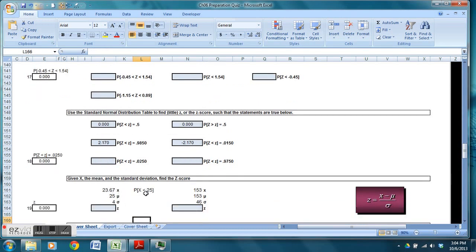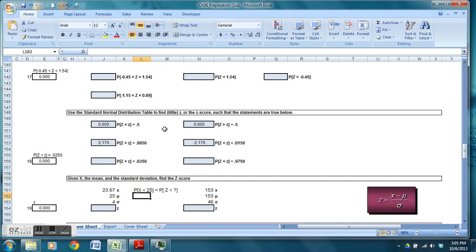In this case, let's say that x follows a normal distribution with a mean of 25 and a variance of 4. We want to be able to answer questions like this in terms of probability, but the only way that we can do that is by converting this to setting it equal to the probability that z will be less than something, with the same probability.